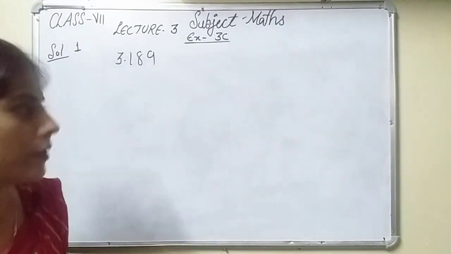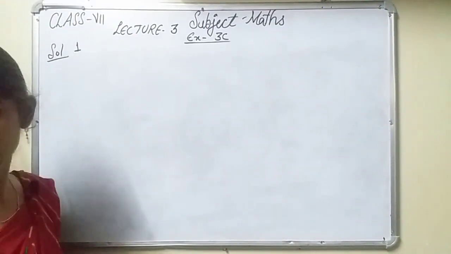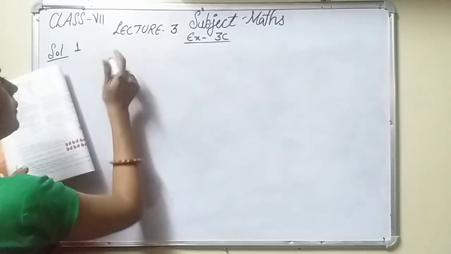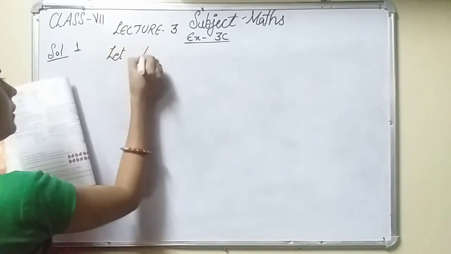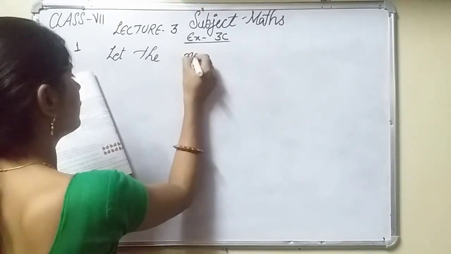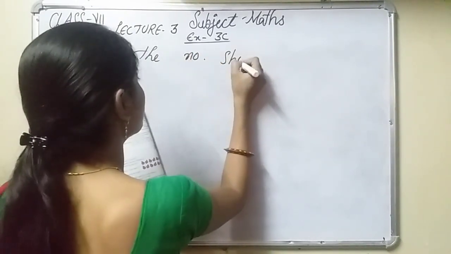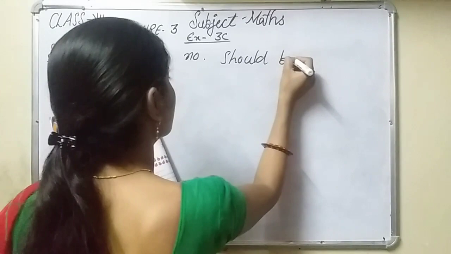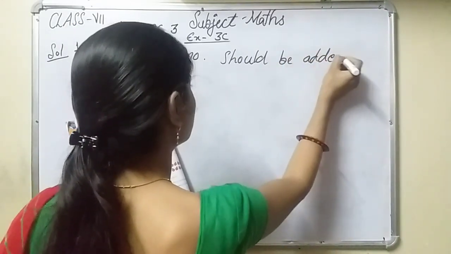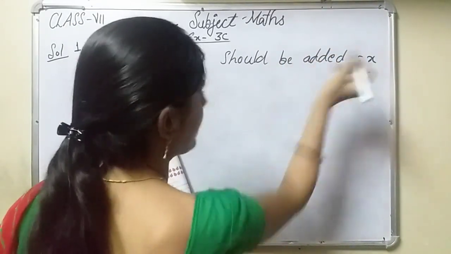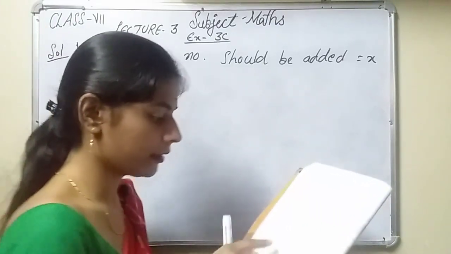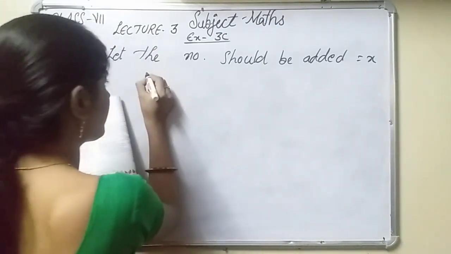We have to assume here x. Let the number that should be added be x, in what we have to add to 3.189.